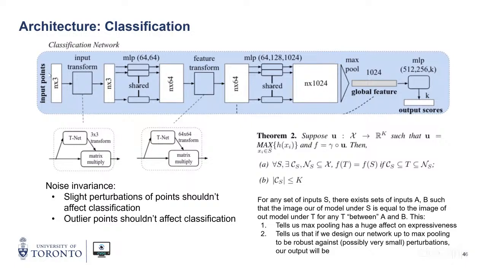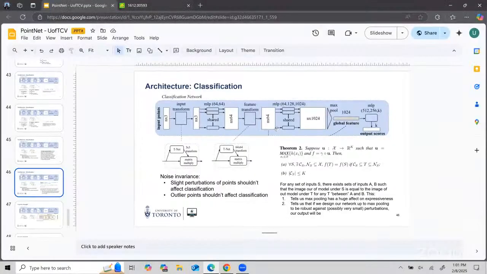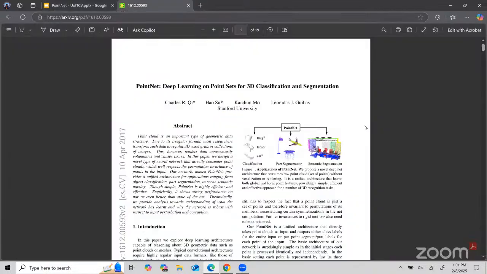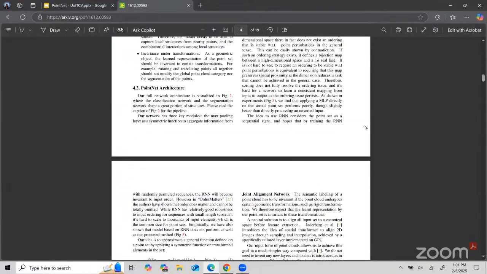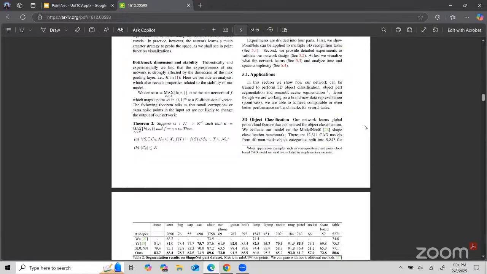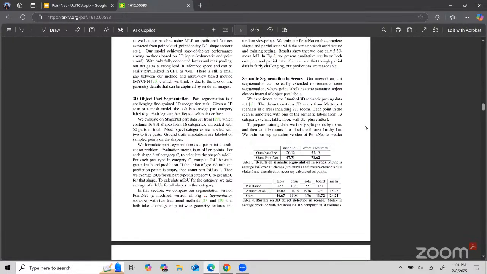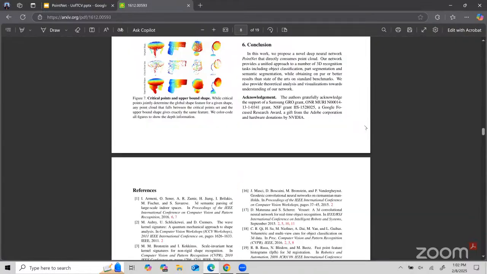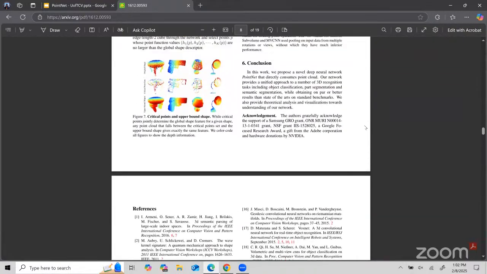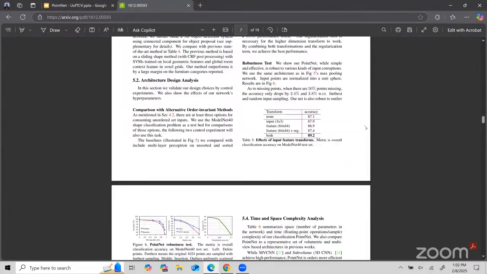Just to give you some geometric intuition, the authors show this in the paper. The CS that you're seeing before is what they call a critical set.